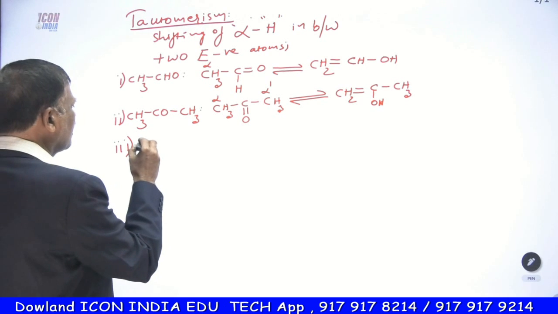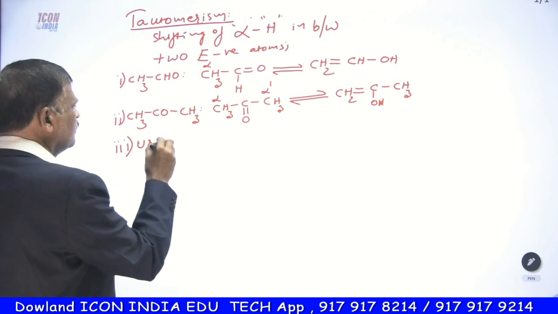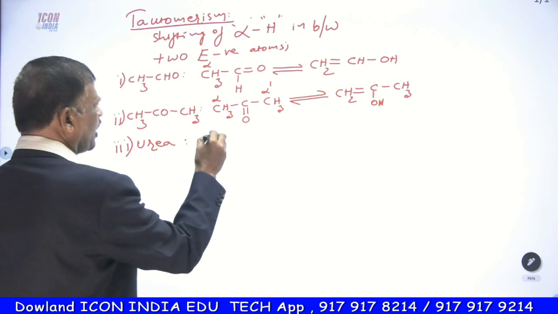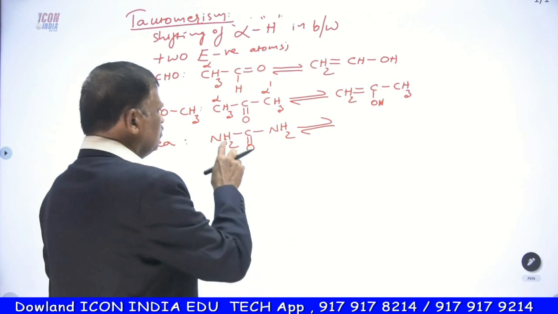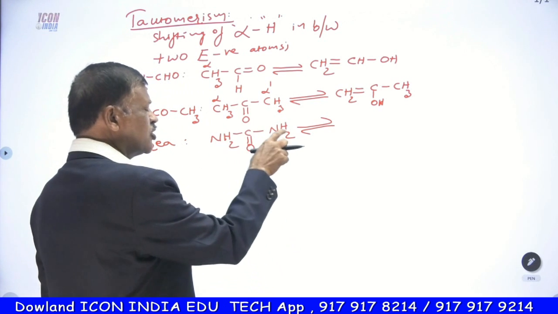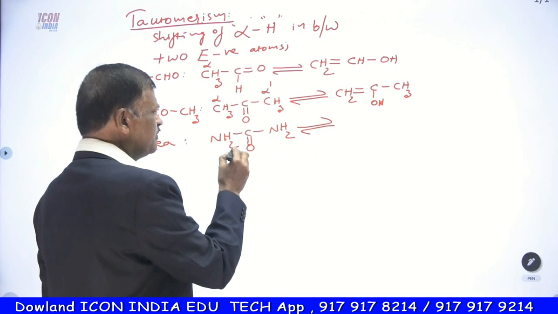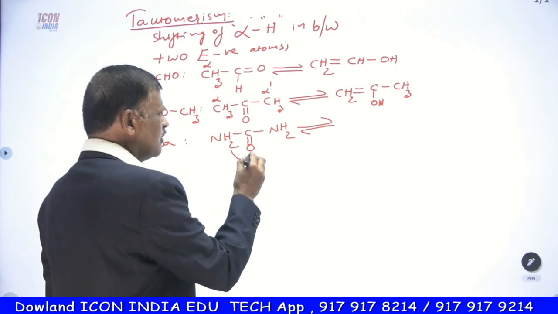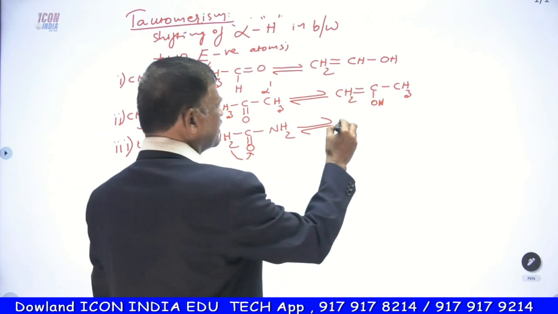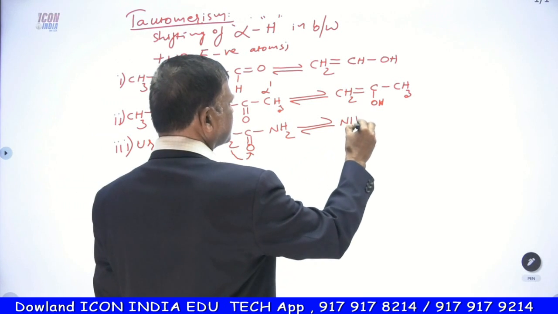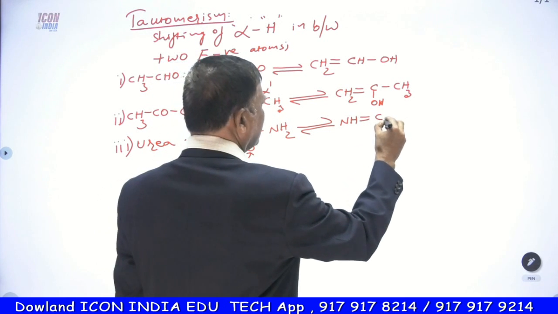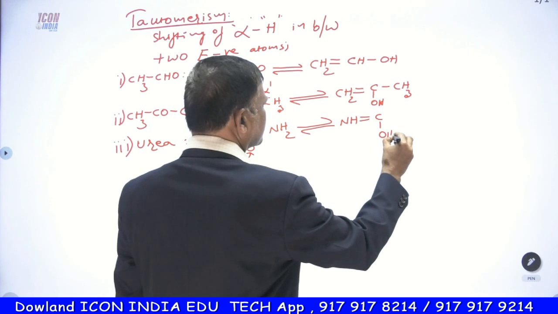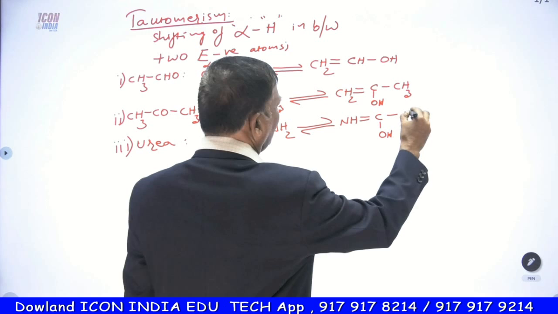Next you take urea. Urea is NH2CONH2. Here these two are alpha hydrogens, those two also alpha hydrogens. Shift one of the alpha hydrogens to oxygen. Consequently, it becomes NH=C(OH)-NH2.